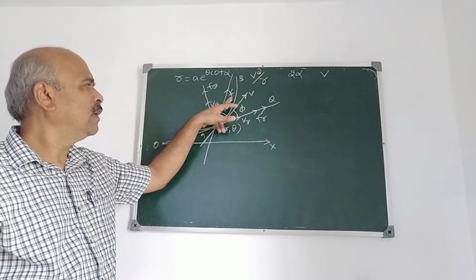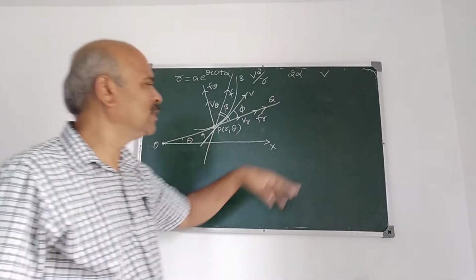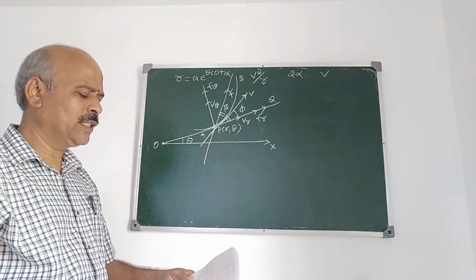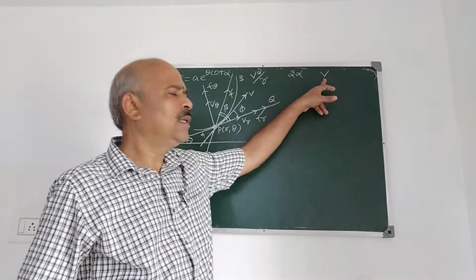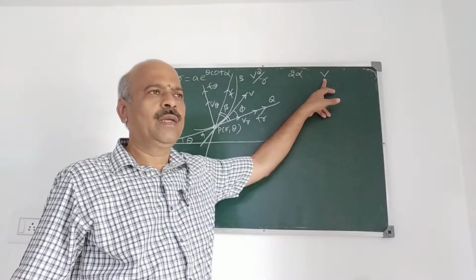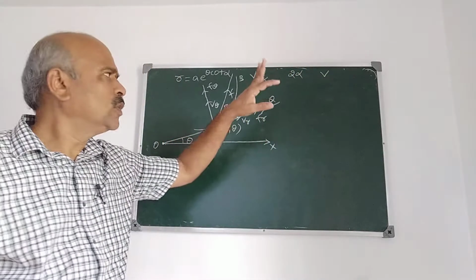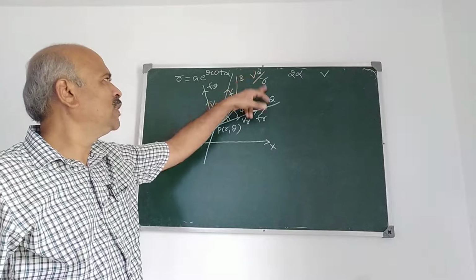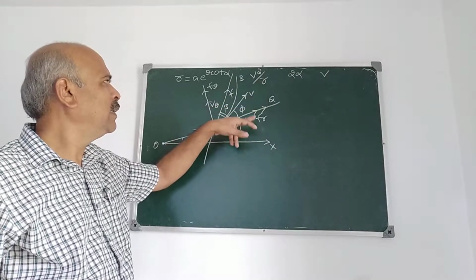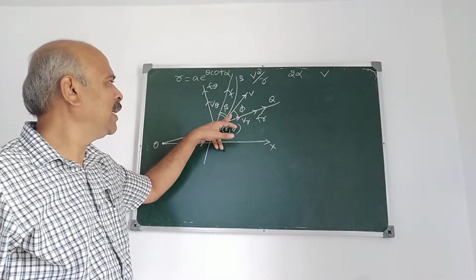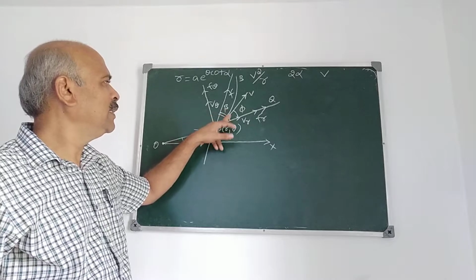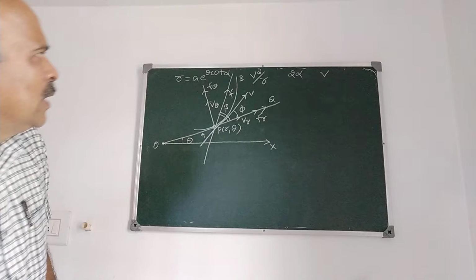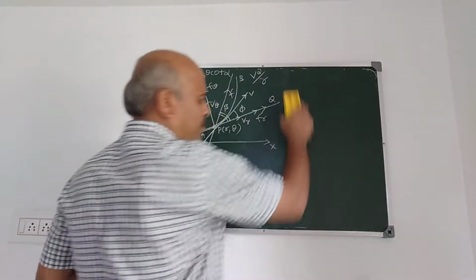Second, the resultant acceleration is given by v square upon r, where v is the speed of the particle. Speed means resultant velocity, magnitude of the velocity. So you have to prove that F is v square by r, and the F makes an angle, that is beta, equal to 2 alpha. Two things are there. Now we start with what is given.